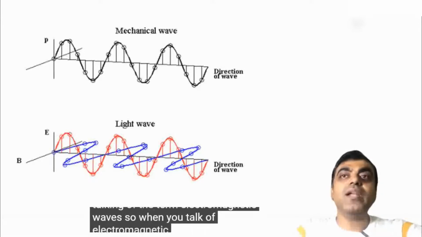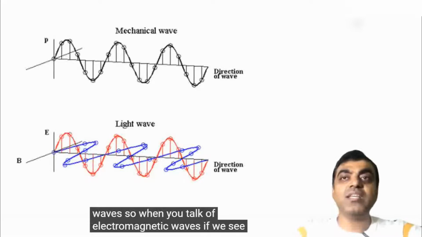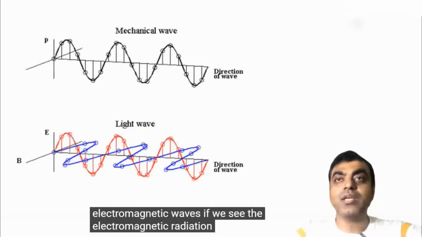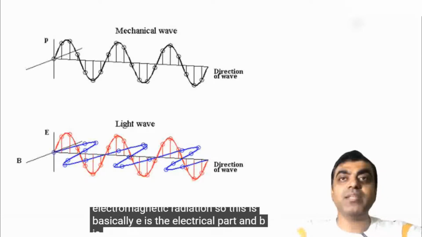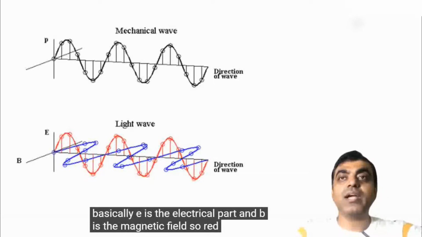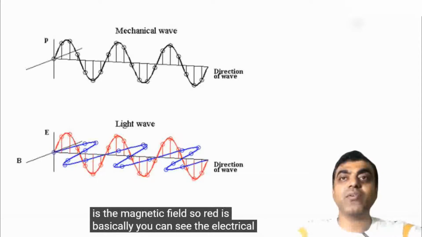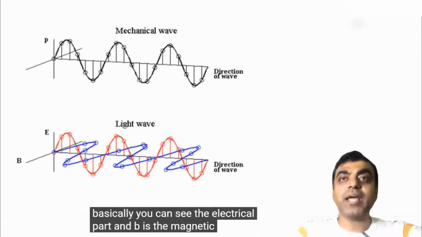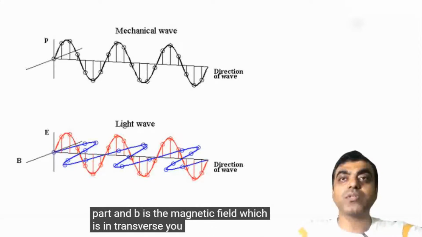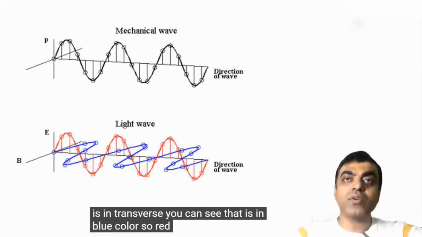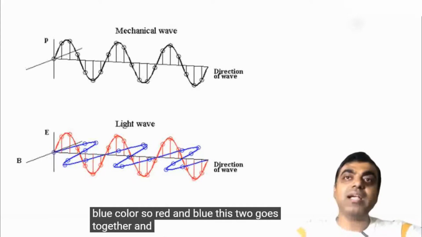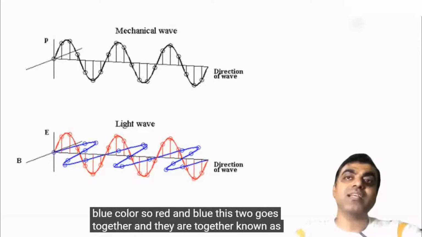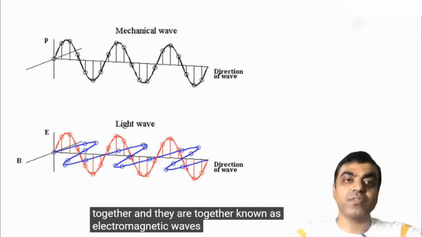When you talk of electromagnetic radiation, E is the electrical part and B is the magnetic field, which is transverse. Red is the electrical part, and the magnetic field is in blue. Red and blue go together, and together they are known as electromagnetic waves.